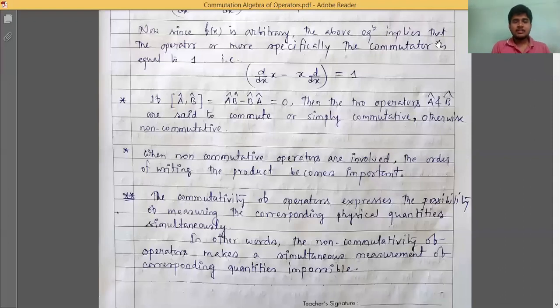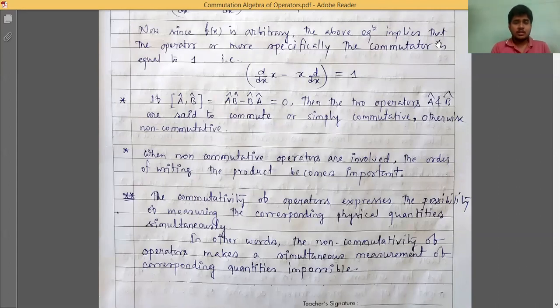Now, I said at the very start that we have to recall another quantity, the Heisenberg uncertainty principle. How does it relate to the commutativity of operators? The Heisenberg uncertainty principle says that canonically conjugate variables, which have the dimension of action, cannot be measured precisely and simultaneously. If we try to measure them, there will be an error, and that error is given by h cross, the Planck constant multiplied by 1 upon 2 pi.